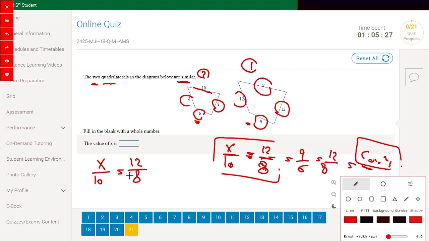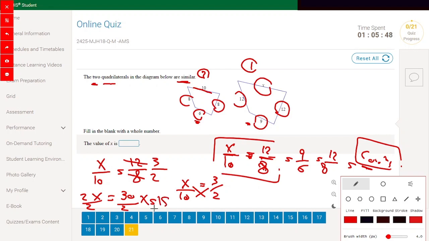Dividing by 4, here we get 2 and here 3. So x over 10 will be equal to 3 over 2. Cross multiplication: 2x will be equal to 30. Divide by 2, divide by 2. So x will be equal to 15. So the answer here is 15.